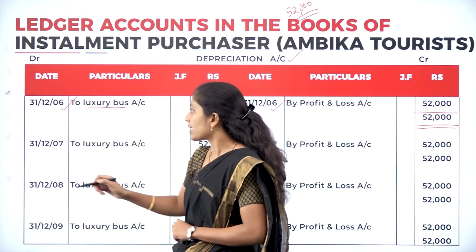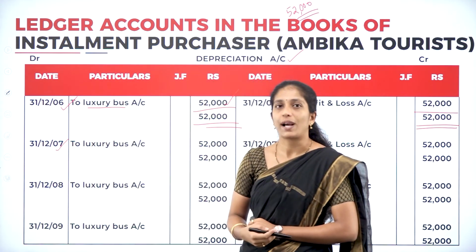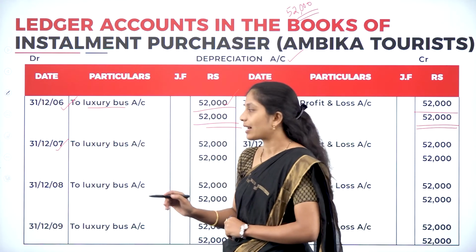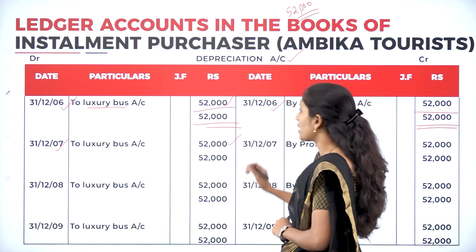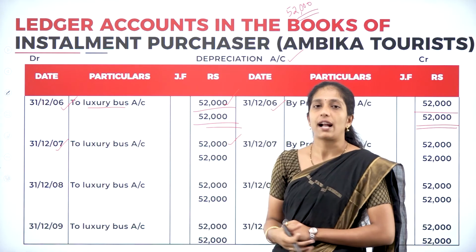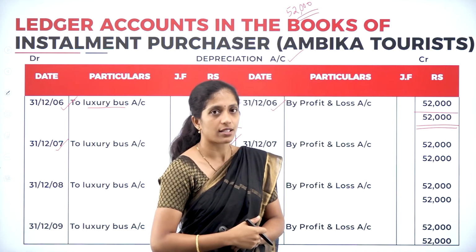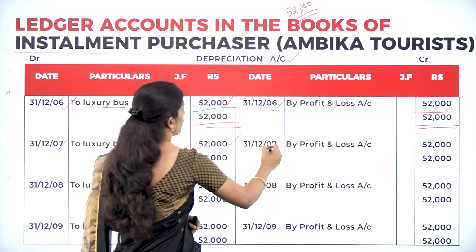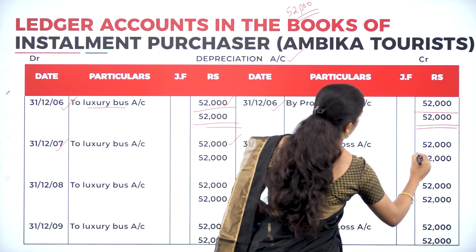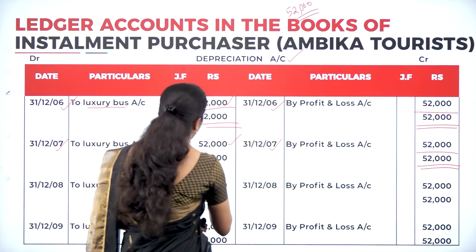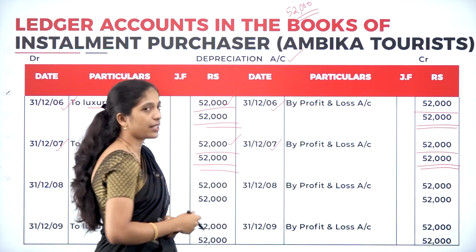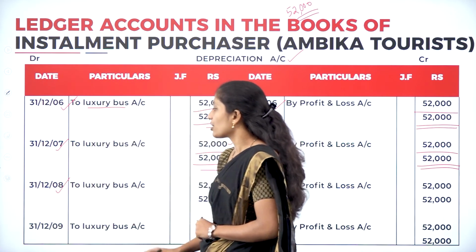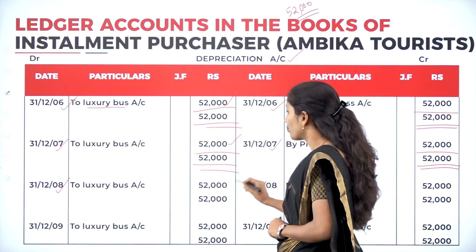That is 2007, 31/12/07. Depreciation account debit to luxury bus account, and your depreciation remains the same, 52,000. Now transfer that depreciation to the profit and loss account. So what is the entry? By profit and loss account, 31/12/07, 52,000. In the same way, in the third year also the entries remain the same. So third year, 31/12/08, to luxury bus account 52,000.